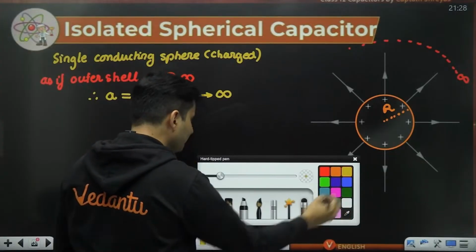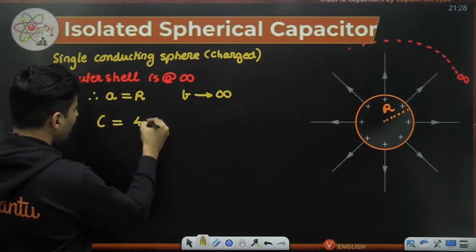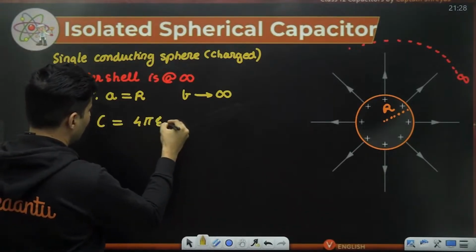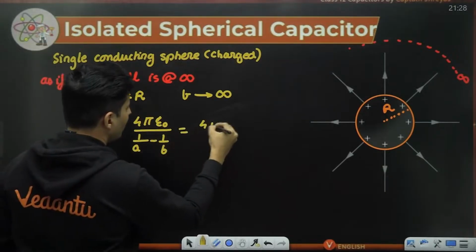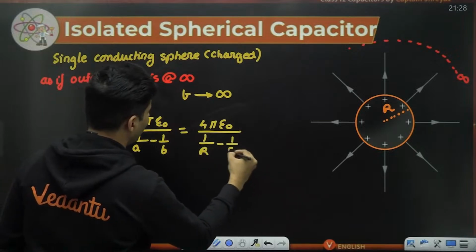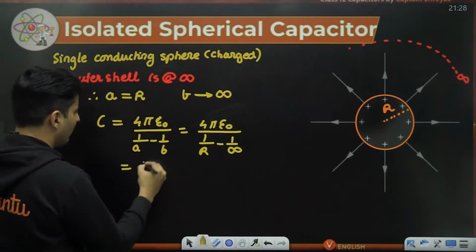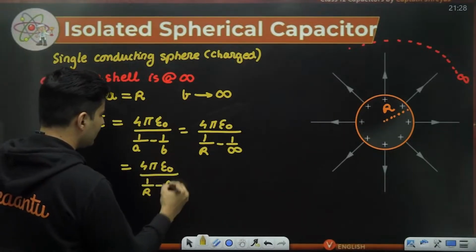So if I use my derivation for spherical type, which is 4 pi epsilon naught 1 by a minus 1 by b, this will become 4 pi epsilon naught 1 by radius minus 1 by infinity. What is 1 by infinity? 1 by a very large number is 0.